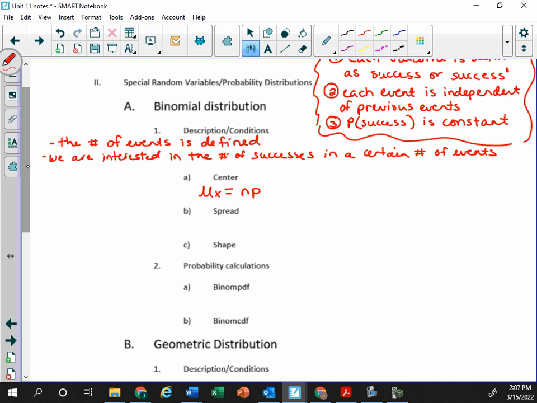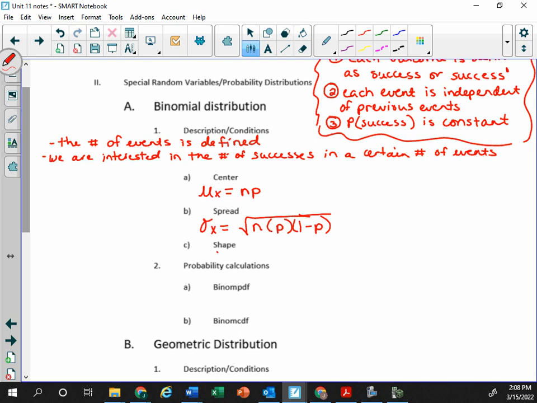All right, and your spread, your sigma of x, is equal to the square root of n times p times 1 minus p.